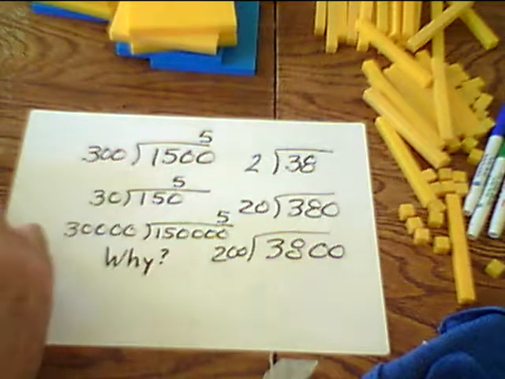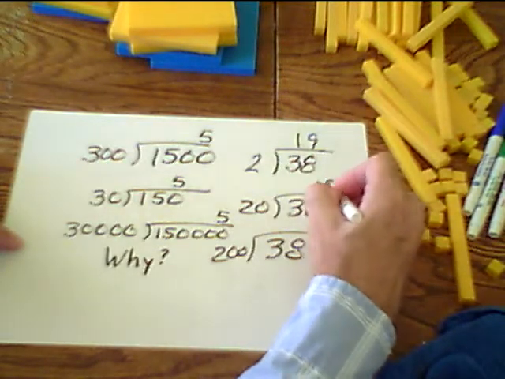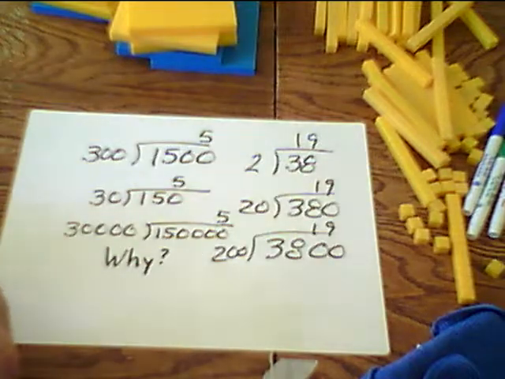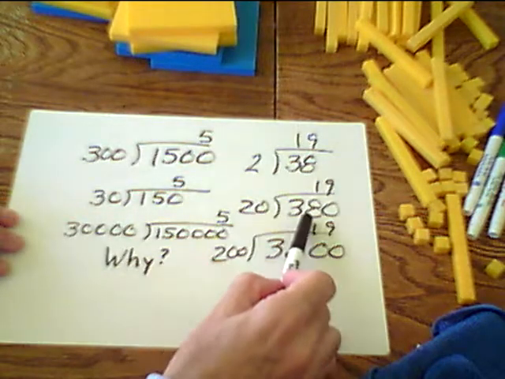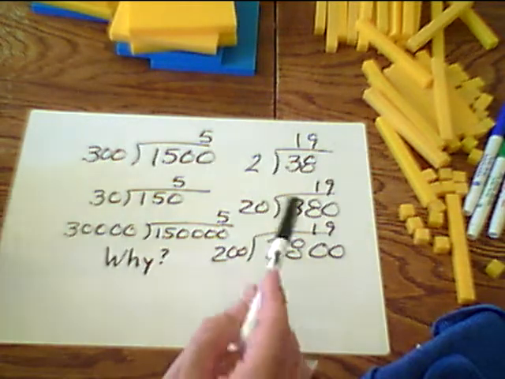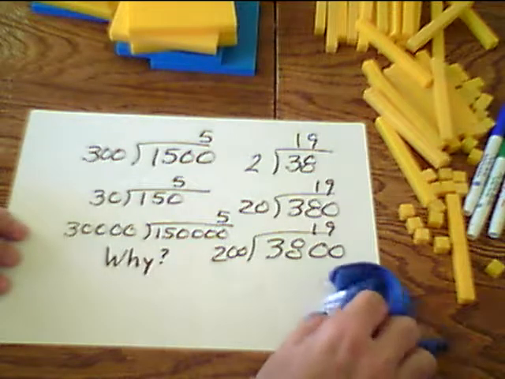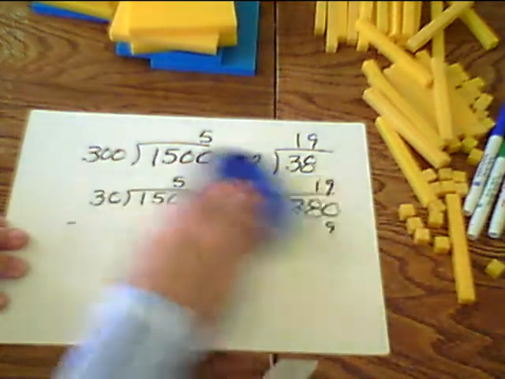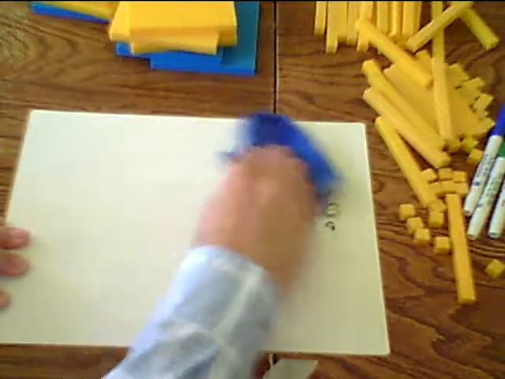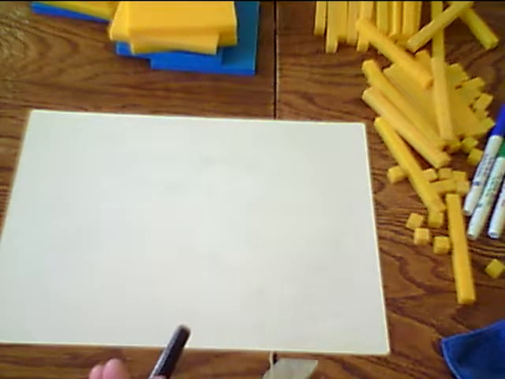Okay, where they're going to keep getting the same answers, whether I divide the dividend and divisor by 10, or multiply them by 10, or 100, or 1,000, or any multiple of 10. Okay, that's a skill that they need to learn. That's going to be the one that we're going to use to complete our division of decimals. Okay, and that might be a whole class period. It might be the better part of one.